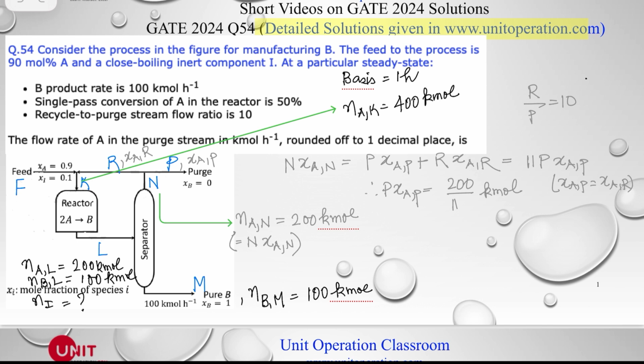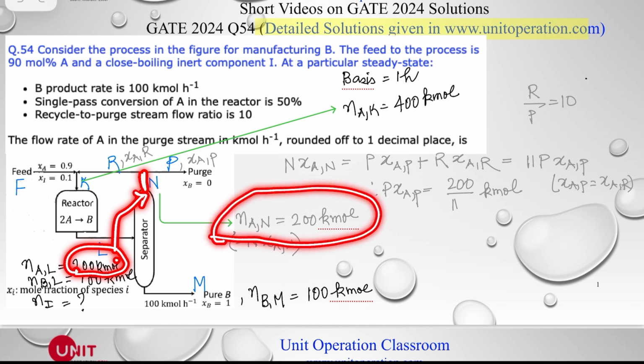Now here, this 200 kilomole of A must be going over here in the N stream. So we have written that the number of moles of A in the N stream is 200 kilomole. Okay. Now if we make a balance of A, so component A balance, N XAN, where N is the total molar flow rate of this N stream multiplied by the mole fraction of A in the N stream.